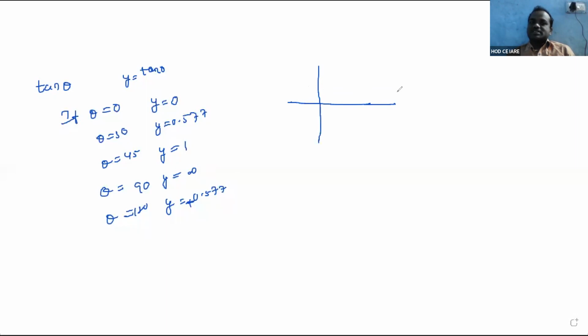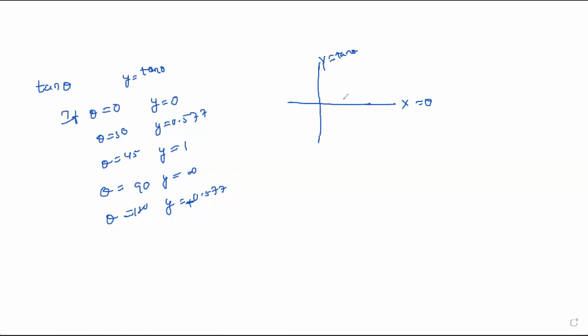On the x-axis, you take the theta values, and on the y-axis we can give the tan theta values. Tan 120 is minus 1.732. Okay.